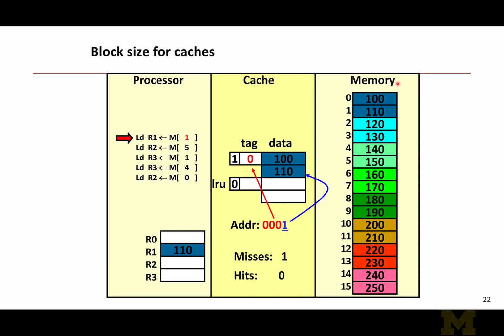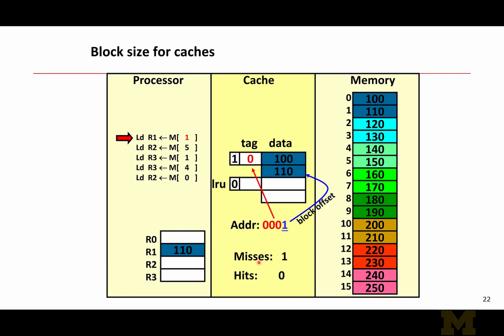Remember, we had computed the tags for these two addresses 0 and 1, and the tag is the same, so I would be bringing both of those data into the cache. I set the LRU bit to the line that I have not accessed yet, and then I send the data that I just accessed and store it in the register file.